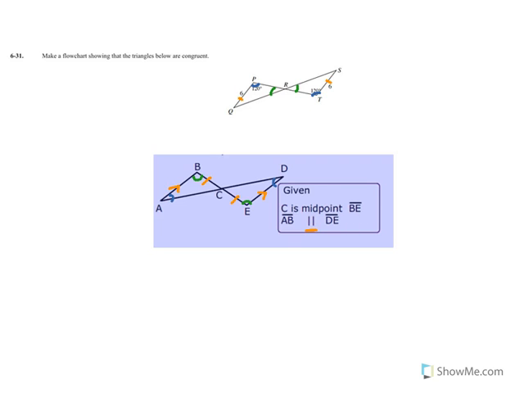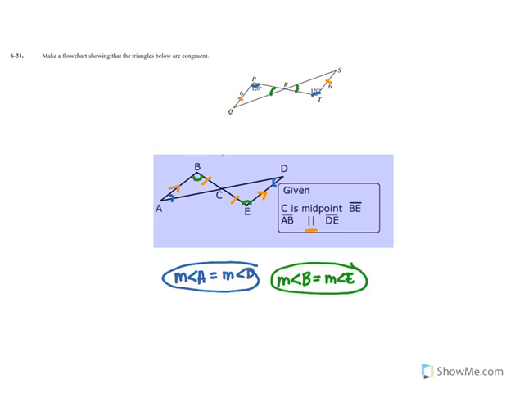So I'm going to start out with my two angles that I have in blue. So I'm going to say the measure of angle A equals the measure of angle D. Remember, it's important that you have that little M in front because A isn't equal to D, but the measure of angle A is equal to the measure of angle D. The next one is the measure of angle, and if you started with A on the other one, you probably should start with B here. The measure of angle B equals the measure of angle E. It just is nice to make sure you have everything lining up in the same place.